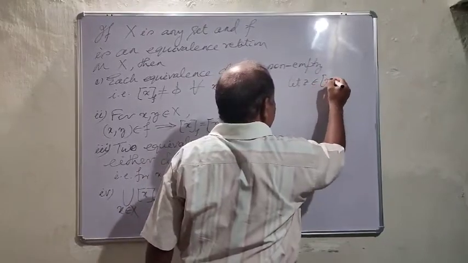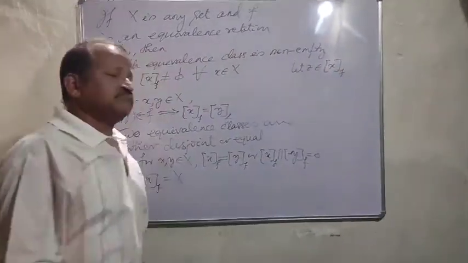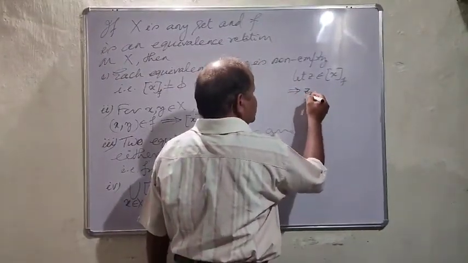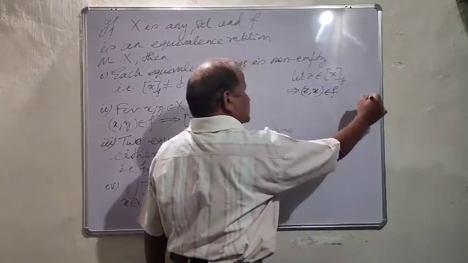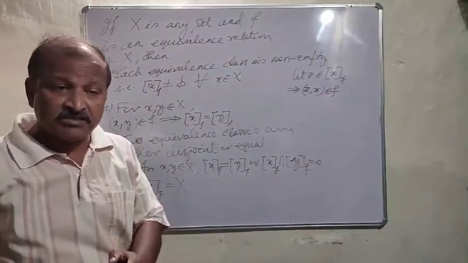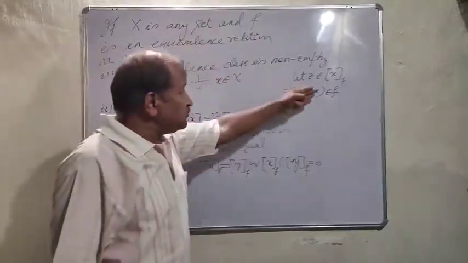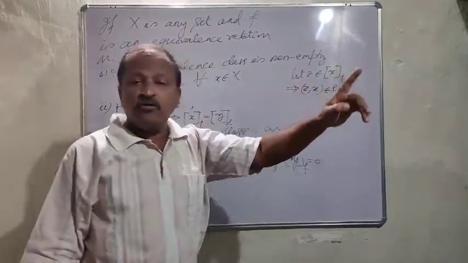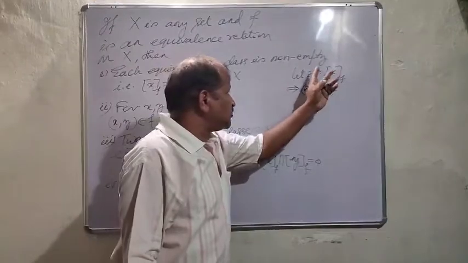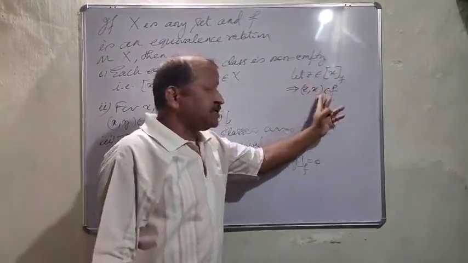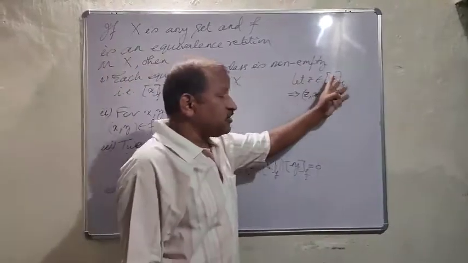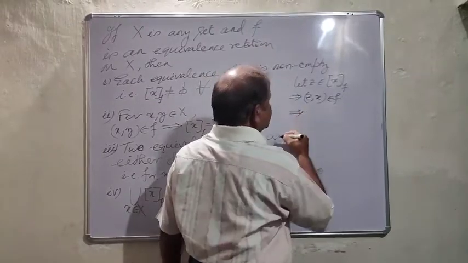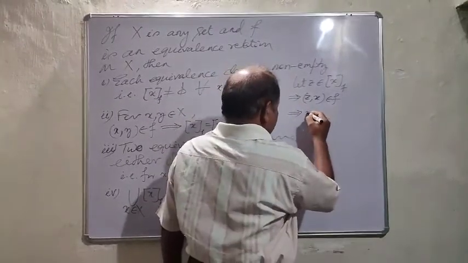Let z belong to the equivalence class of x. This implies z is related to x. From the definition of equivalence class, z is eligible to be in the equivalence class of x only when it is related to x.